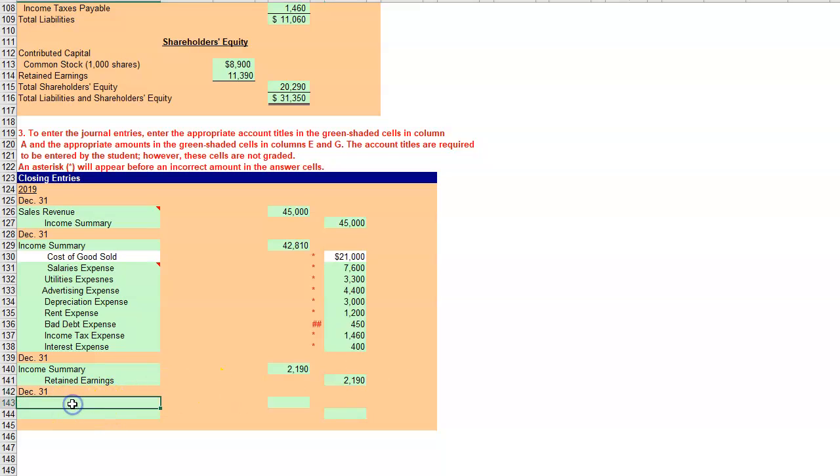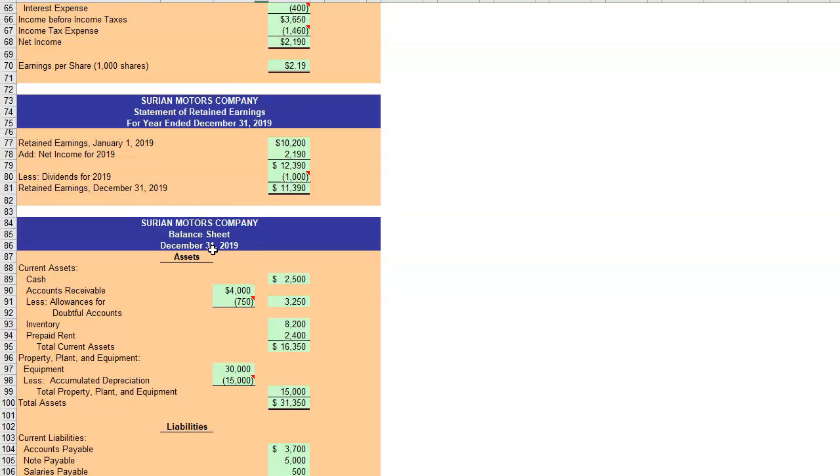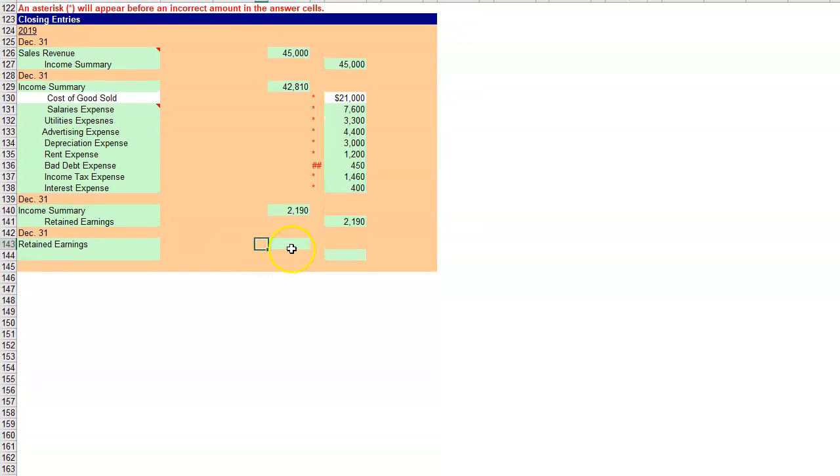All right, then the last thing we have to do is close out drawing, and it is debited. Retained earnings is debited for the amount of dividends, and I can look up here at my statement of retained earnings. They were $1,000.